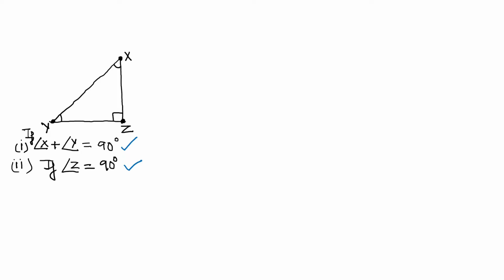Is there any other condition that I can put here so that I am able to certify that the triangle that I have drawn here, which is the triangle XYZ, is a right angle triangle? I don't think there is any other condition that we can put here except for the condition on the sides. So these are the two conditions that we can put for a right angle triangle to exist when it comes to angles.